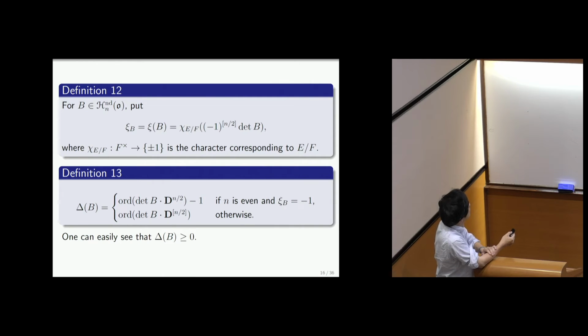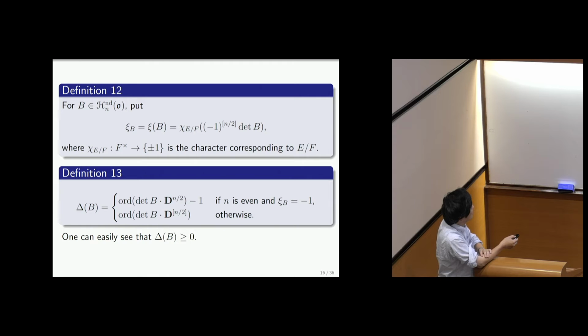Now, for a semi-integral Hermitian matrix B, xi(B) is chi of (-1)^{n/2} times determinant B, where chi is the character corresponding to E over F. And now for a Hermitian matrix B, delta(B) is given by this formula: the order of determinant B times d^{n/2} minus 1 if n is even and xi(B) is minus 1.